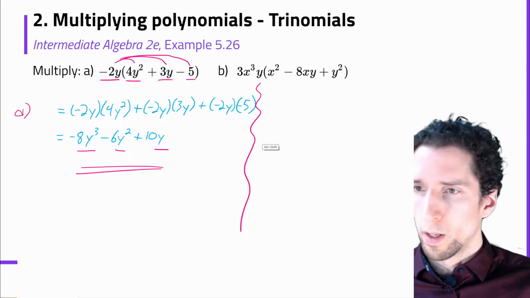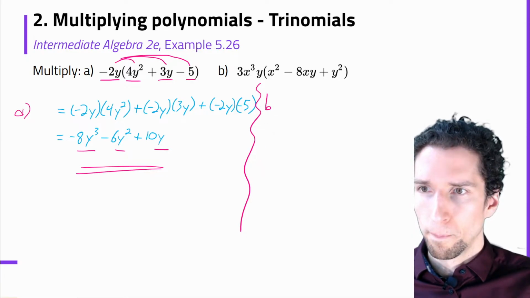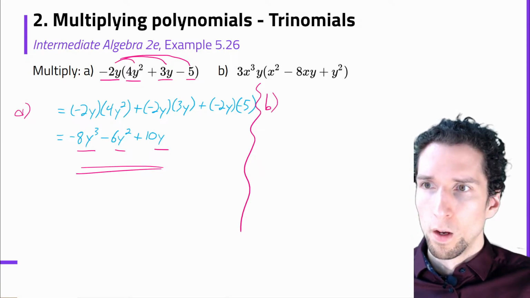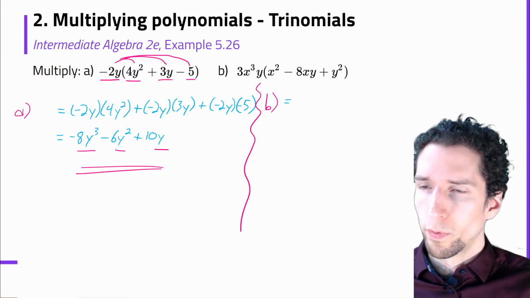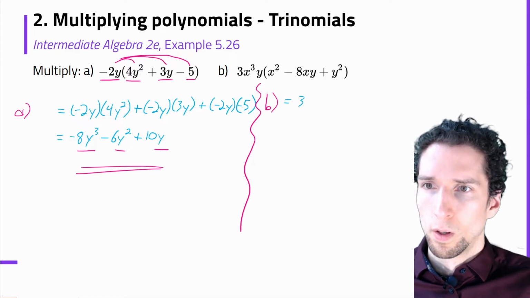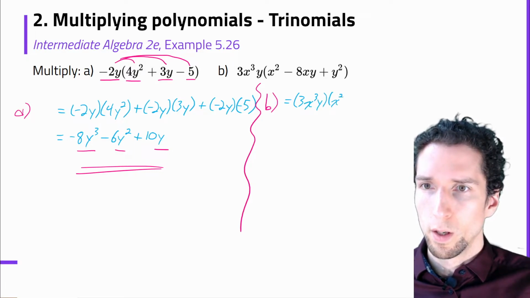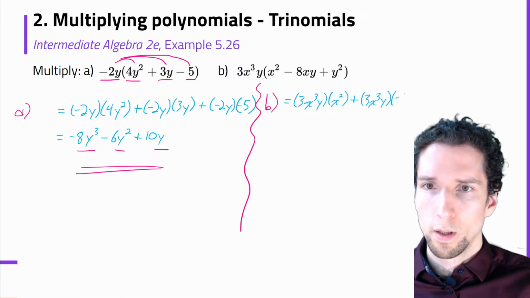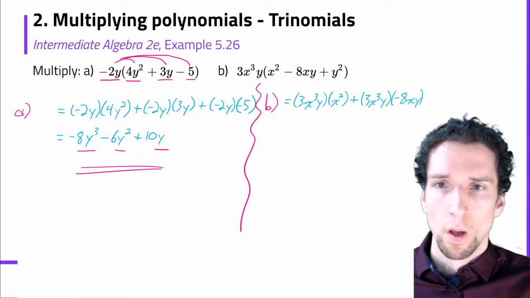All right, and for question B here, we will have 3x cubed y times the first thing, x squared, and then plus 3x cubed y times the next thing, negative 8xy.